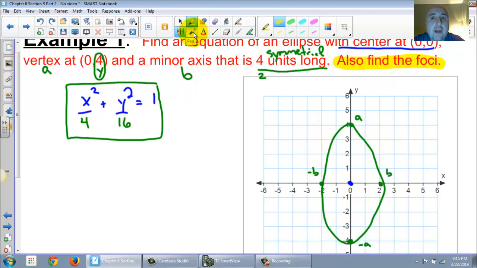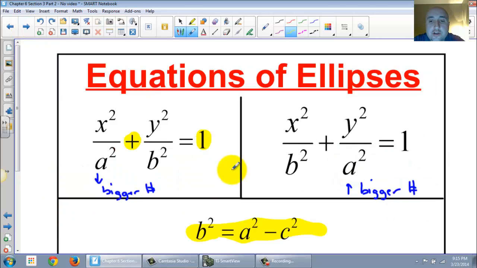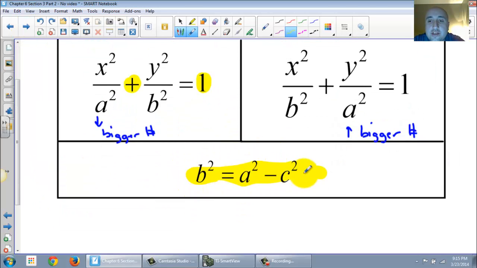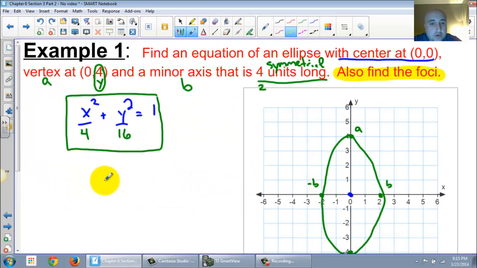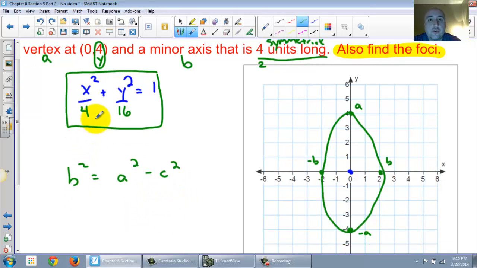If we go back to the last page, b squared equals a squared minus c squared is the formula that we're going to use. So let's fill in what we know.